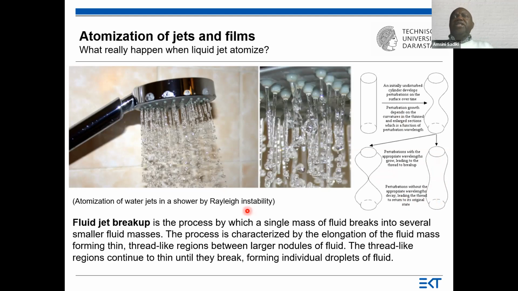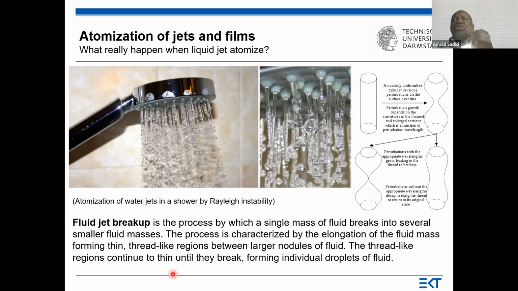This means that fluid jet breakup is the process in which a single mass of fluid breaks into several smaller fluid masses. This process is characterized by elongation of the fluid mass, forming thin thread-like regions between large nodules of fluid.